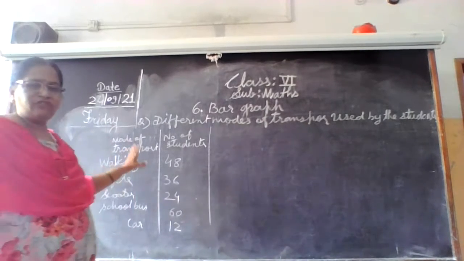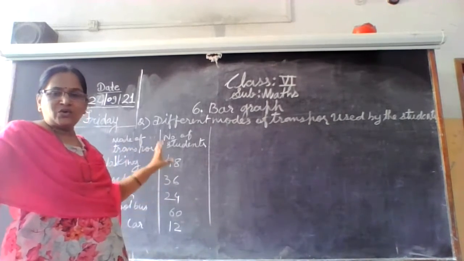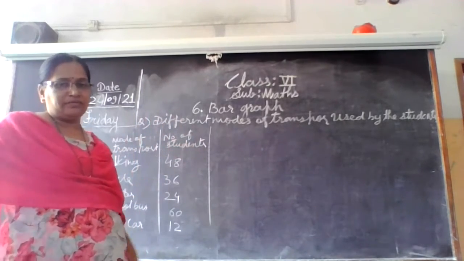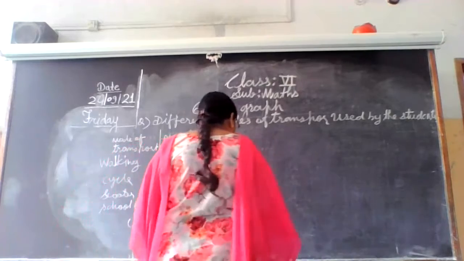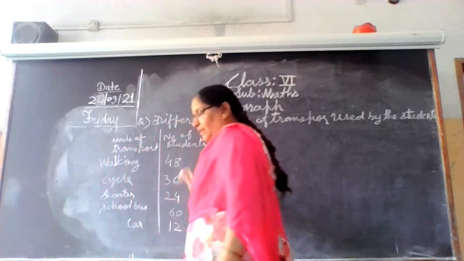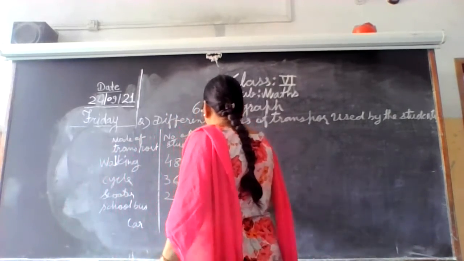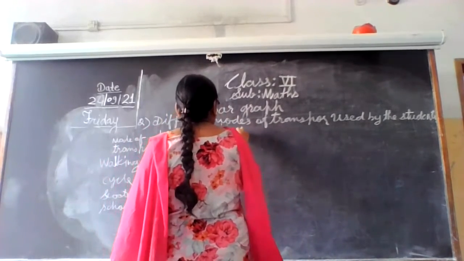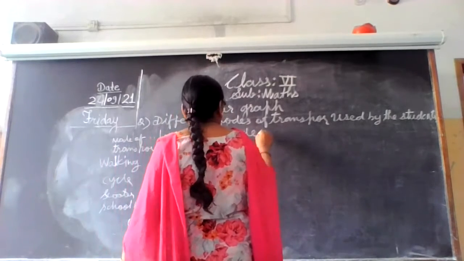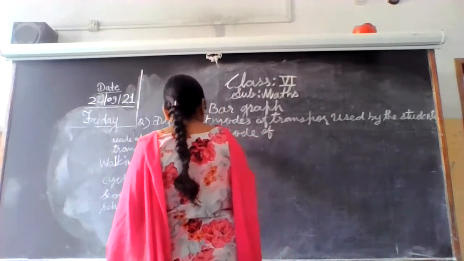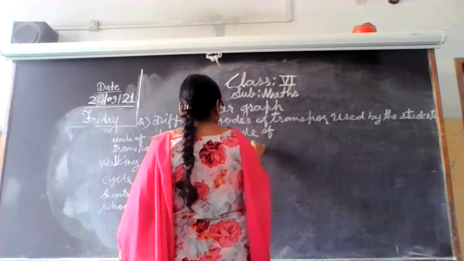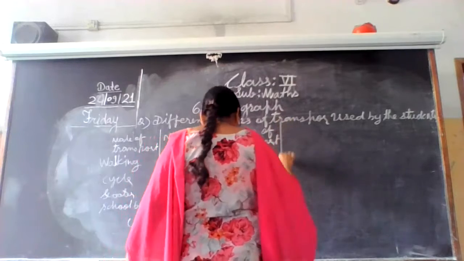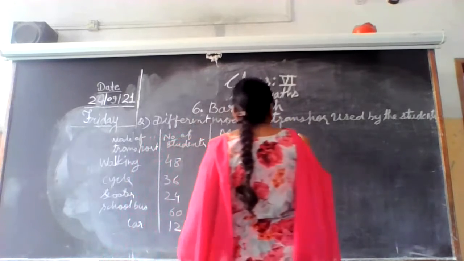So using this data, you have to represent it by pictogram. So let's see what is first given. It is the mode of transport and number of students.